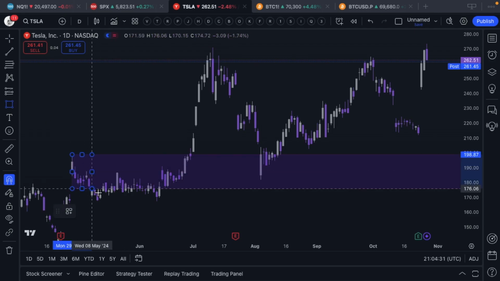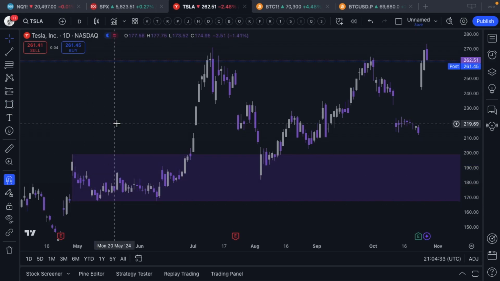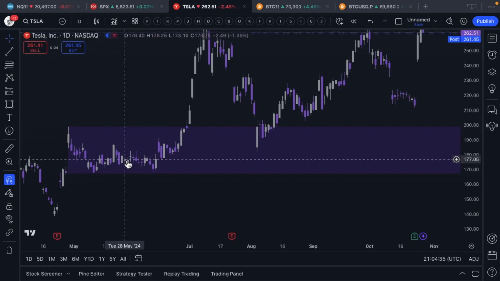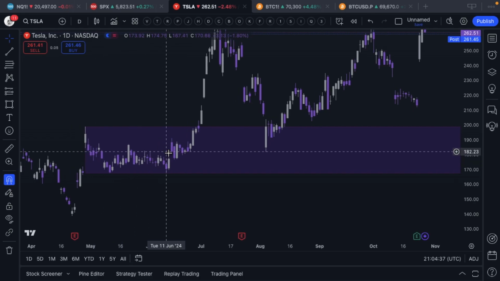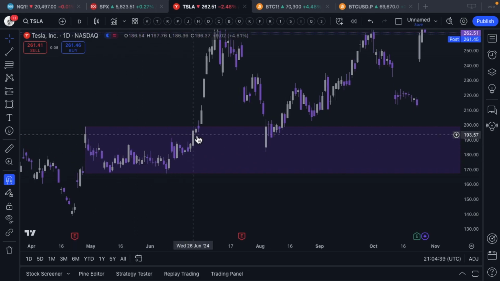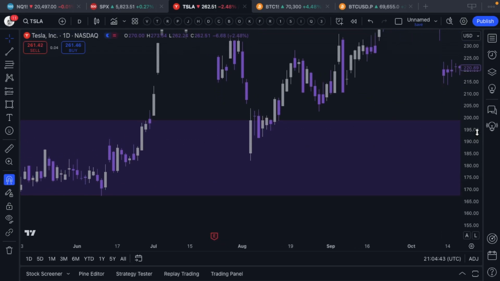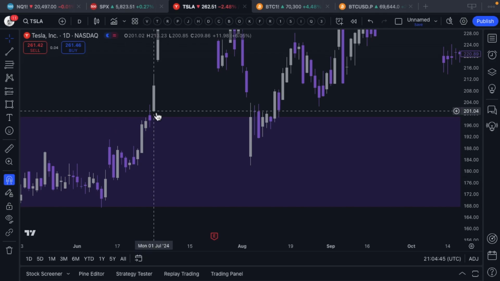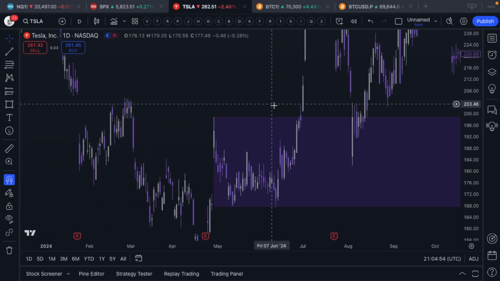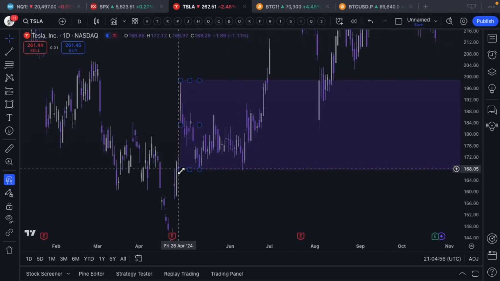So we put in a high here and we put in a low, and we are ranging in this zone here, and price gaps up here, all right, on the close. So this is not a great example, but we'll find much better ones for Tesla. We can actually use this one.